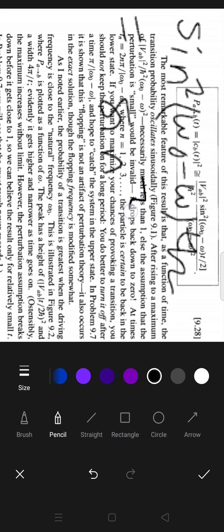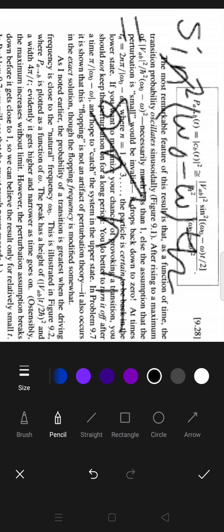If we put n pi with n integers, sin square will cancel out.